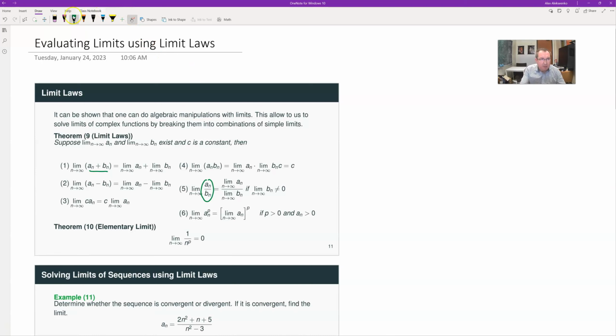In particular, you can prove the following limit laws: if limit of sequence A exists and limit of sequence B exists, then limit of the sum also exists and is equal to the sum of the limits. Limit of the difference of two sequences exists and is the difference of the limits. If you have multiplication by a scalar, then limit of the multiplication by a scalar exists and is the limit multiplied by that same scalar.